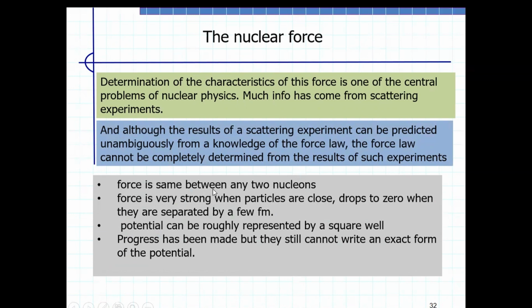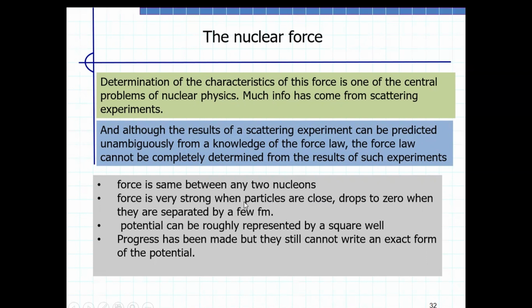What we know about these nuclear forces is that the force remains the same between any two nucleons. Take a proton and a proton, a proton and a neutron, a neutron and a neutron, the force remains the same.